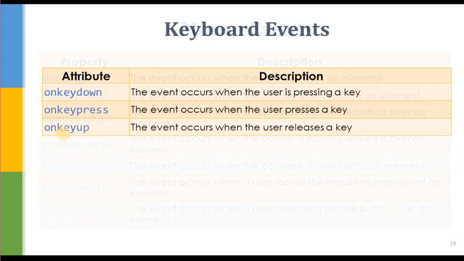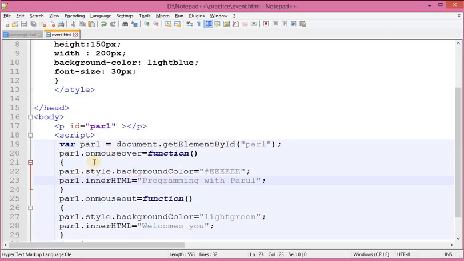Now there are other events, that is keyboard events. Whenever the user is pressing a key, that is also an event, which is onkeydown. You can see that over here I have written attribute. This field name is attribute. Why is it an attribute? Because this one is my object.